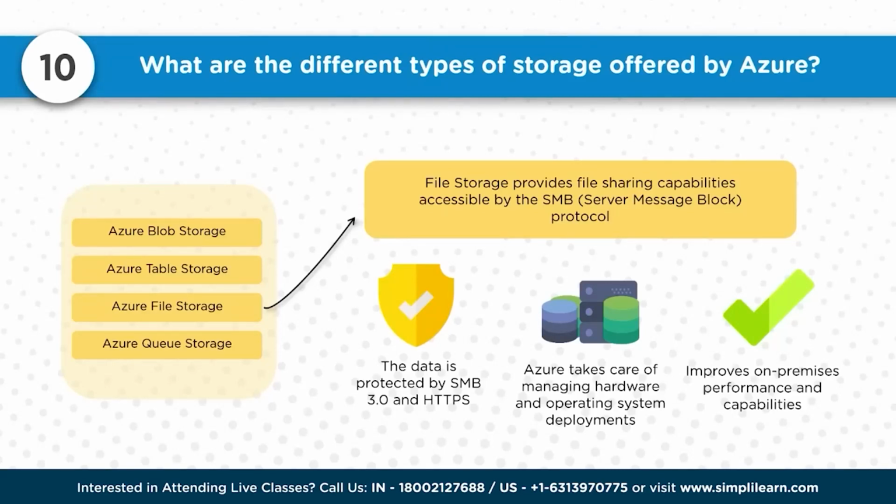And the more important thing is Azure takes care of managing hardware and operating system deployments for Azure file storage. So this additional file storage can be used when we want to burst the storage capacity of on-premises. So on-premises is the primary, and cloud is the secondary or the extended on-premises storage. So it actually improves the on-premises performance and capabilities for our on-premises data center.